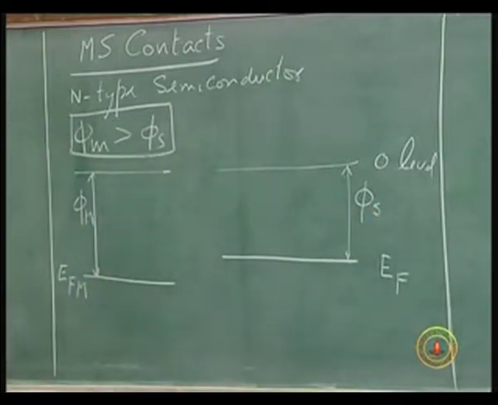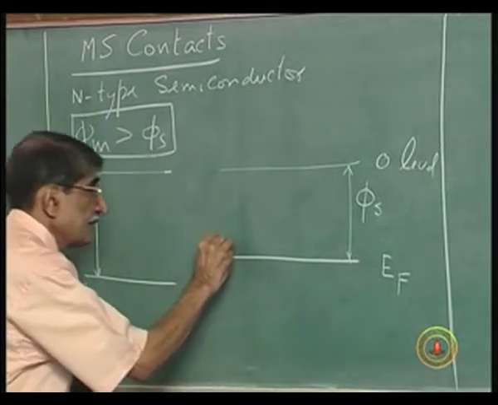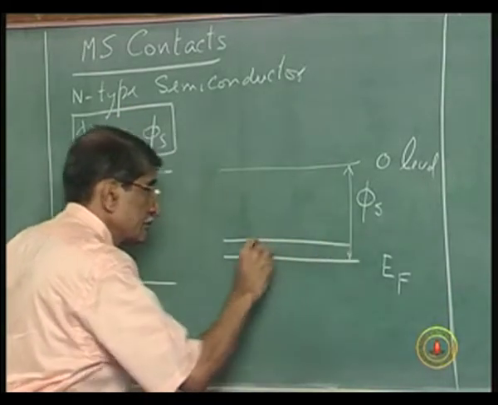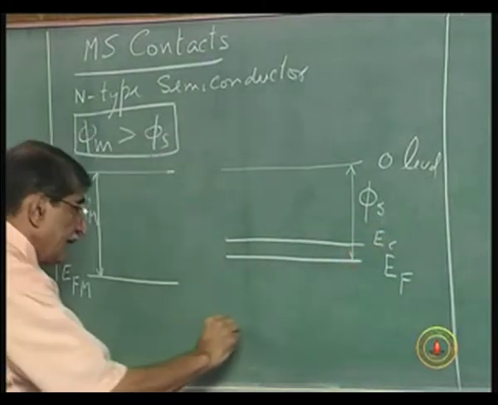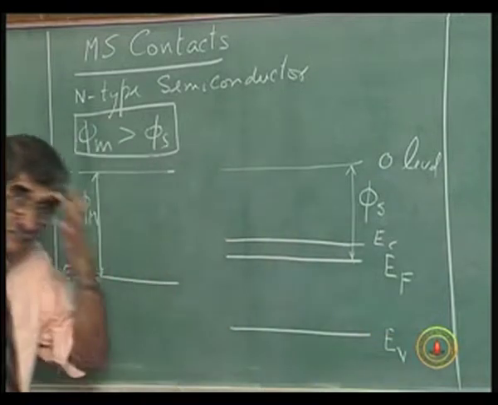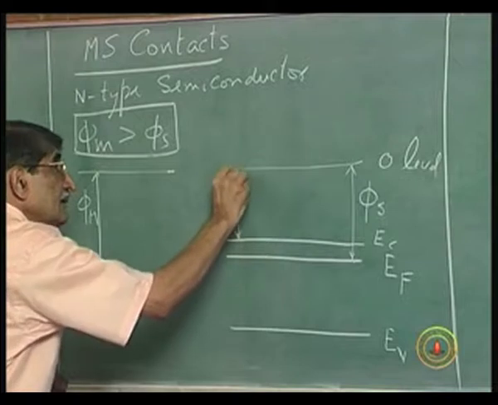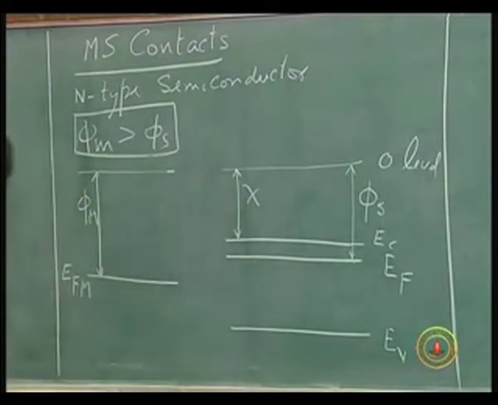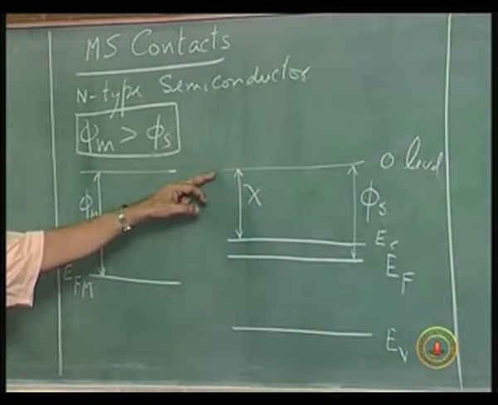Okay. Now, if we are talking of n type semiconductor, the conduction band is here, that is E c, and the valence band is somewhere here, E v, and this is actually that electron affinity that we defined yesterday or in the previous lecture, the energy between the conduction band and the neutral level, this level, 0 level.